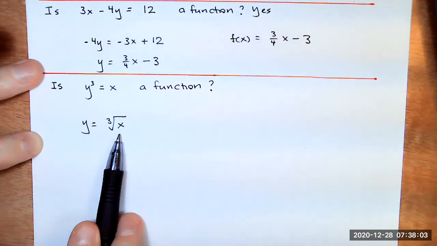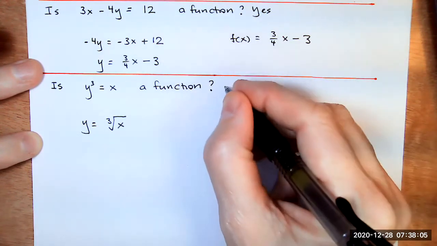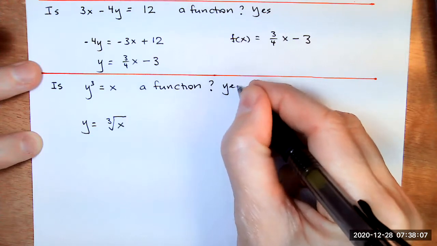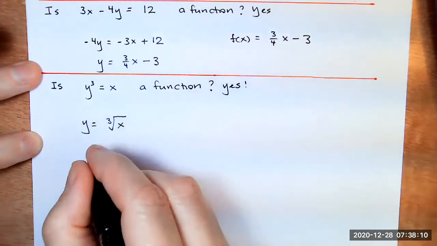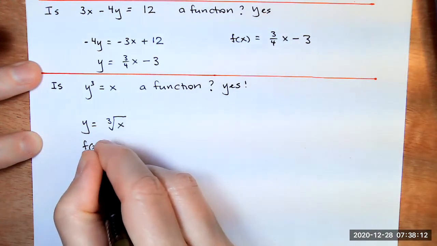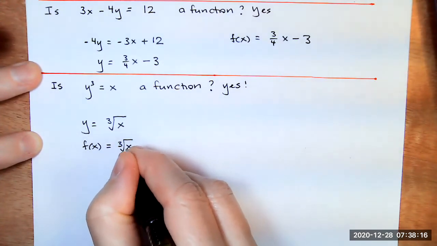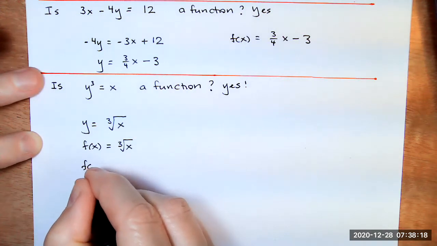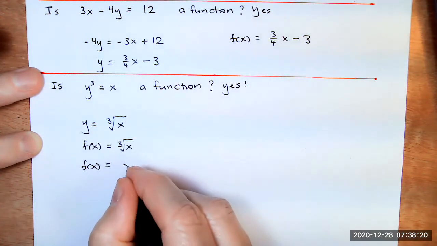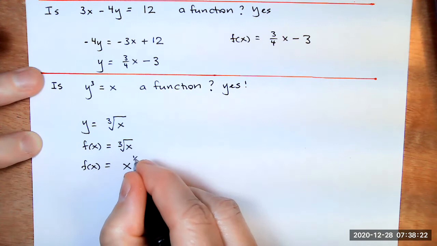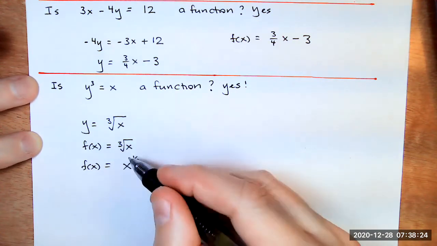So we only get one answer. So this is a function, and we can write it with function notation. And remember, you can also write that as x to the 1/3 power. Either one is fine.